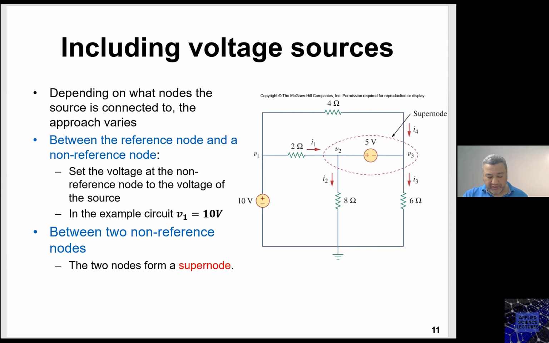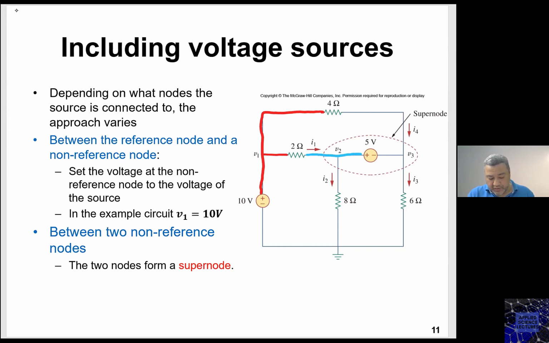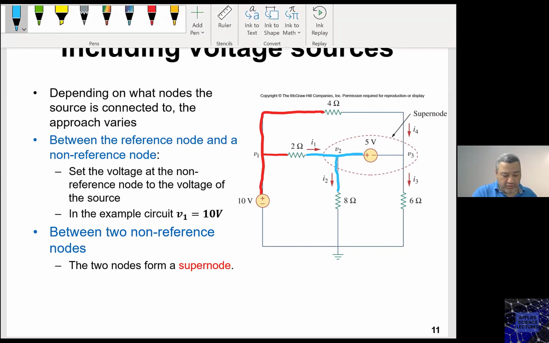Now, if we look at this circuit, let me identify those nodes. I have this node, this is node number 1. I have this node that I'm calling number 2, and that's why you can see that the question has assigned V2 to it.